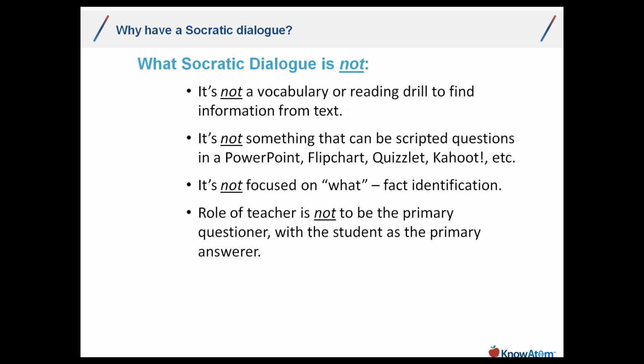These things do not constitute a Socratic dialogue. Why? Because a Socratic dialogue, remember, requires listening, and then the question that's asked is related to what was heard and what we think we understand as a result of what we listened to. And that requires thinking. You can't create a script that does that.